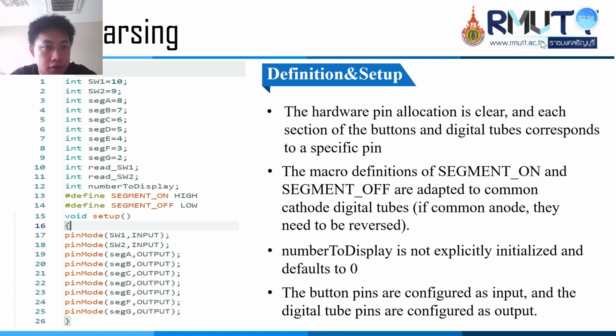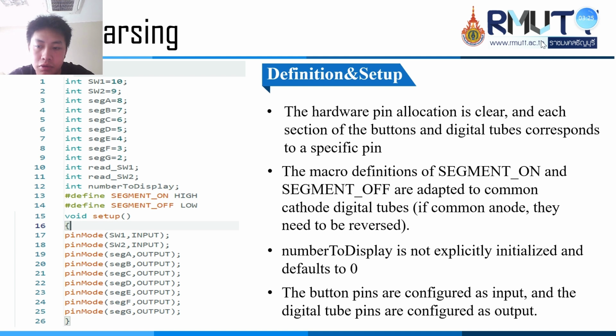So let's see the code of this research. The first part is definition and setup. The hardware pin allocation is clear, and the buttons and each segment of the digital tube correspond to a specific pin. The macro definitions of segment on and segment off depend on the common cathode digital tube.